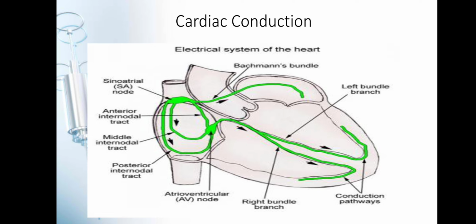So, this electrical signal begins in the SA node or our sinoatrial node. It is located at the top right chamber of your right atrium. So, it is also called your natural pacemaker.